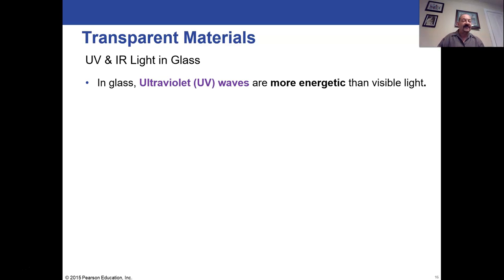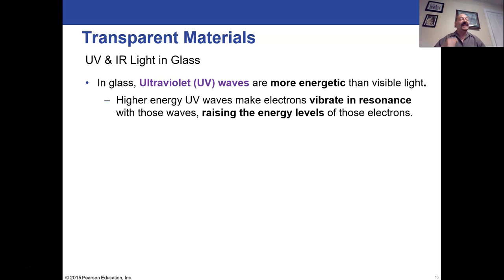So ultraviolet light is more energetic than visible light and has higher energy. And remember, I told you that visible light will excite the electrons, but not enough to bump to a new energy level. Well, ultraviolet light is high enough to bump the electrons so that they vibrate at their own natural resonating frequency. So it's enough to kick them into a higher energy level in the atoms that they're at, and the atoms now get more energetic.